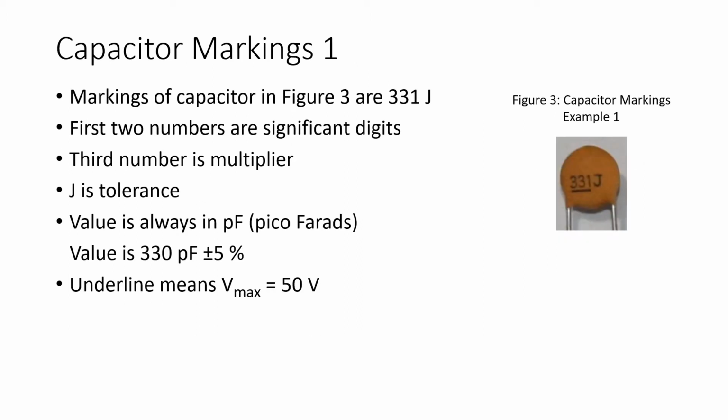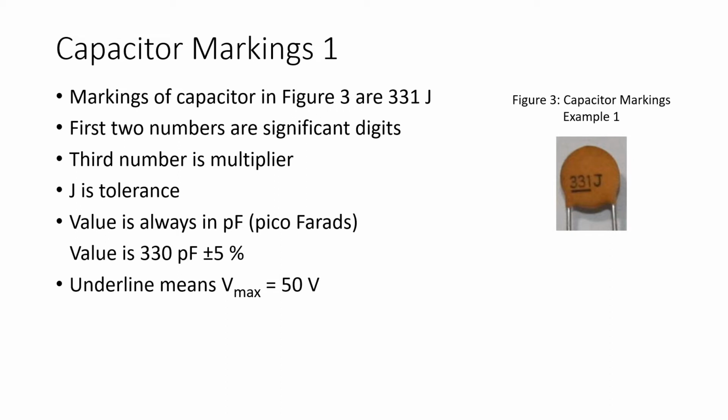Now let's take a look at the markings that you'll see on capacitors. The capacitor in figure 3 shows us the markings of 331J. With this type of marking, the first two numbers are significant digits, the third number is a multiplier, and the letter denotes the tolerance of the capacitor.